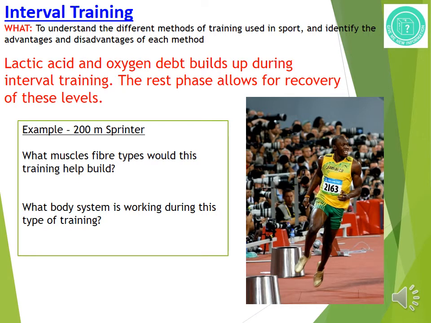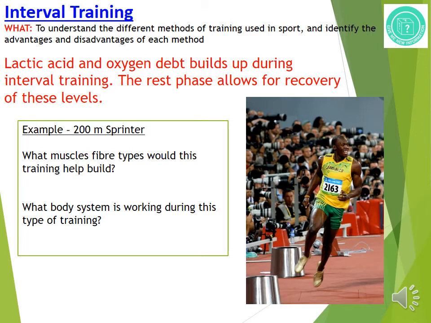Okay, so like it says here, lactic acid builds up during interval training, so we know that that comes from anaerobic respiration. That gives us a clue as to how hard you should be working in your sessions here, because anaerobic training is between 80 to 90% of our maximum heart rate.